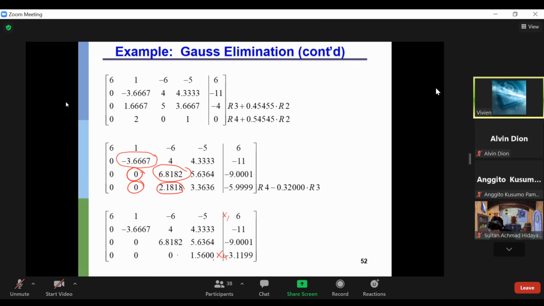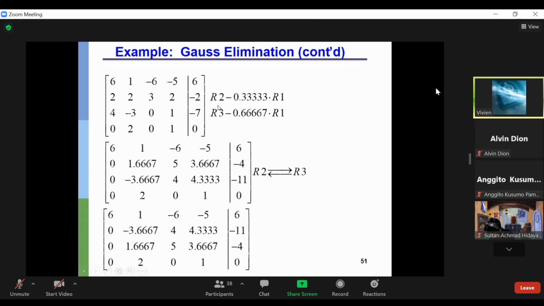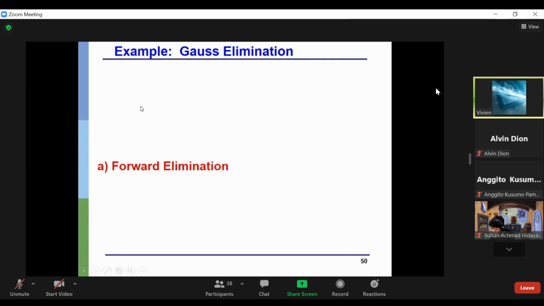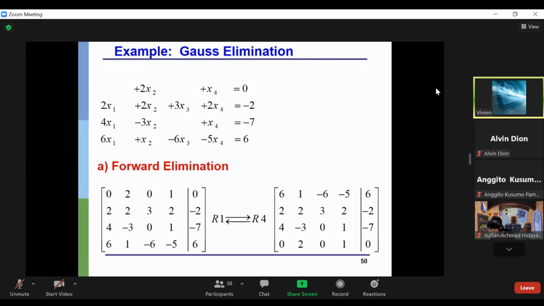Yeah. For example, this one, for the pivot. Here, we try to find the largest value as the pivot element. For example, here we have zero in the pivot, so this is required to be replaced by another value because this is zero.